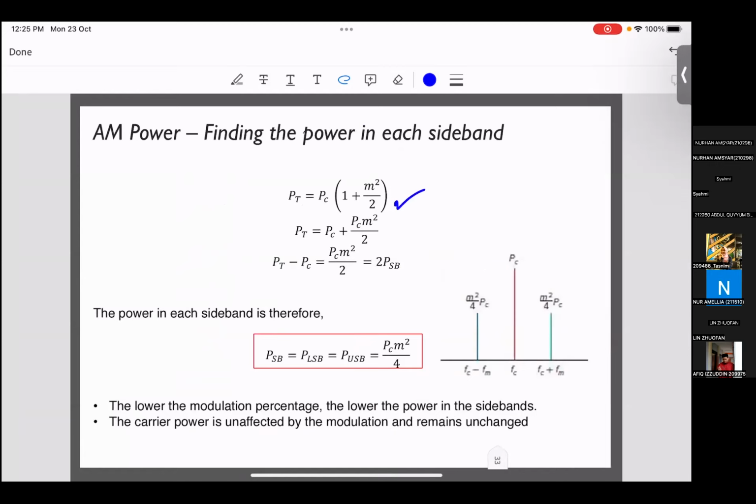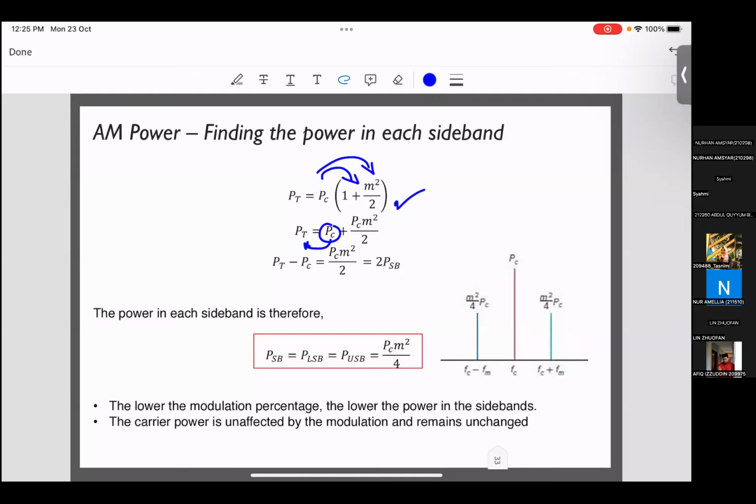So we already talked about this, and we know that if we expand this equation, we are just multiplying PC with the bracket. So we would get PC plus PC m squared over 2. Now if I bring PC over here, I get PT minus PC equals PC m squared over 2.